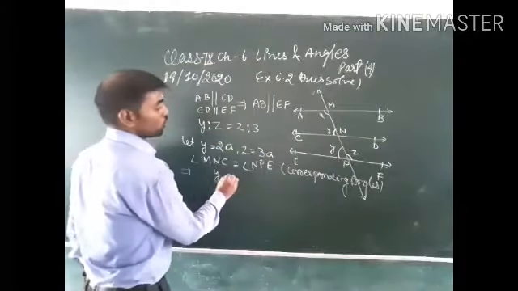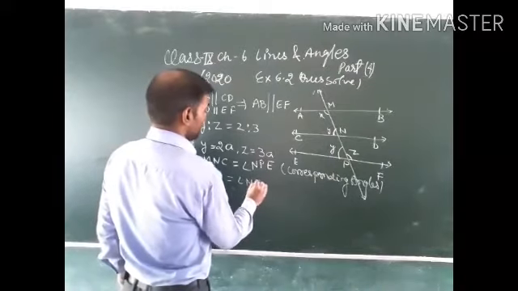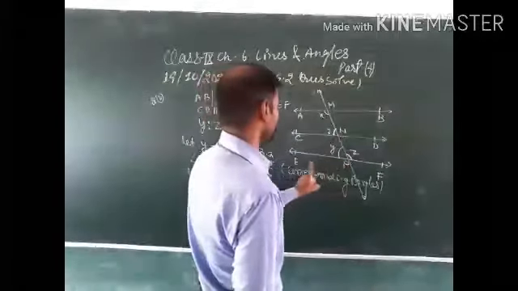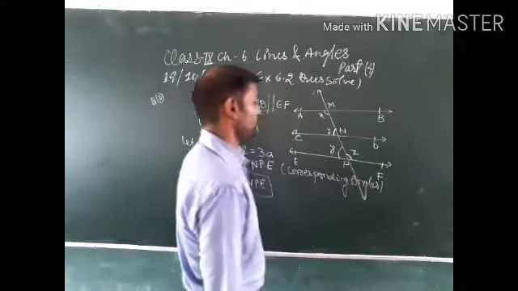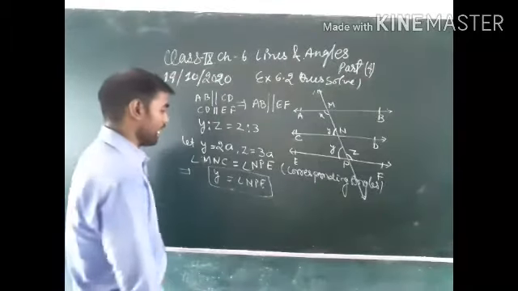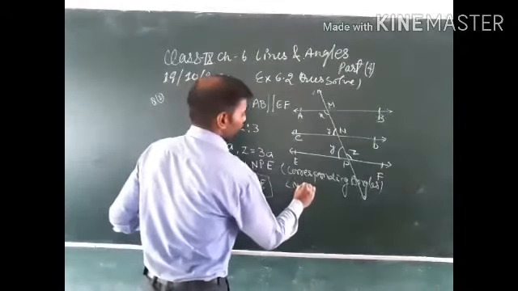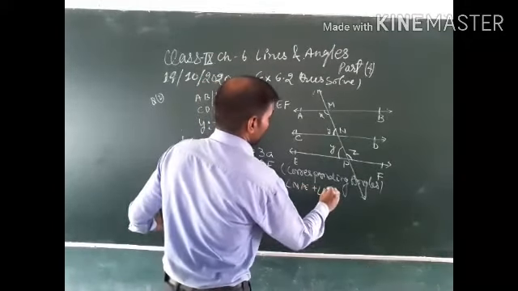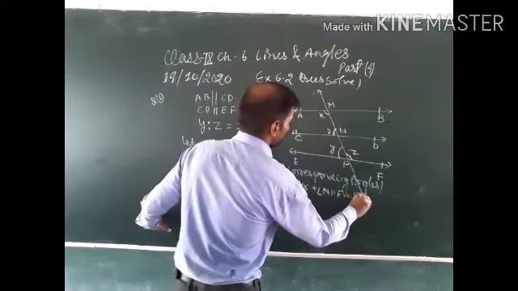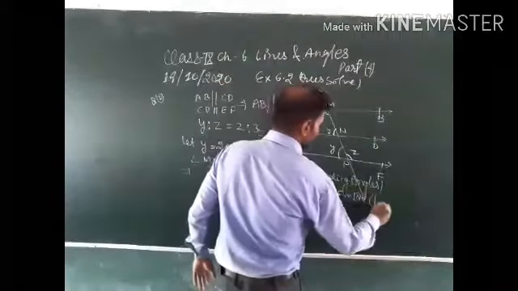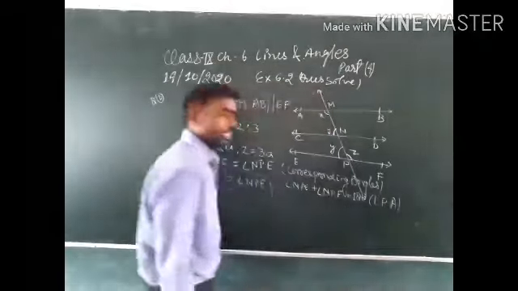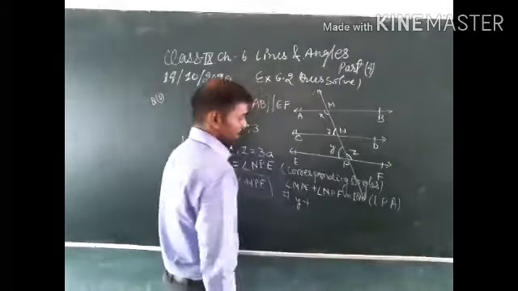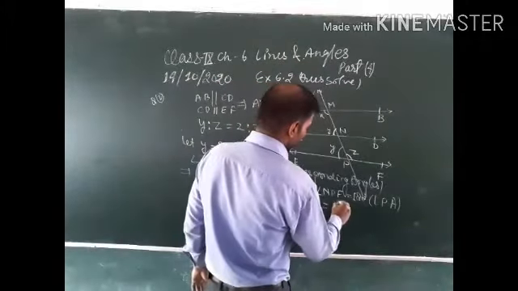This is Y. So the value of NPE is also Y. Here NPE and NPF is equal to 180. So we write angle NPE plus angle NPF is equal to 180, and we write in bracket linear pair of angles. Put the value of NPE as Y and NPF as Z: Y plus Z is equal to 180.